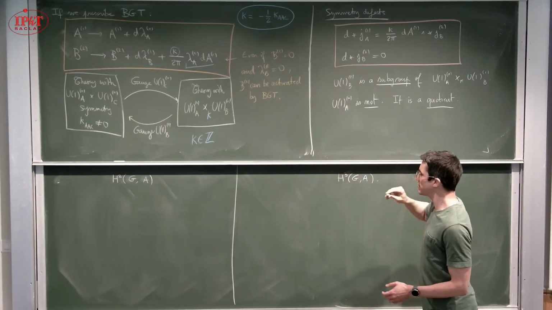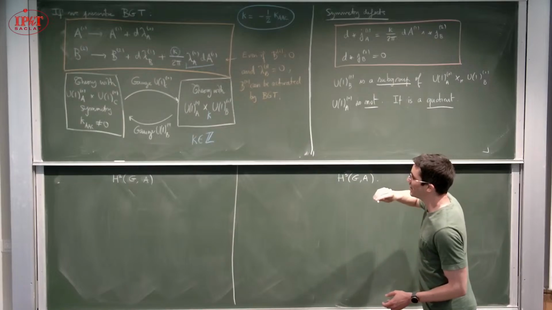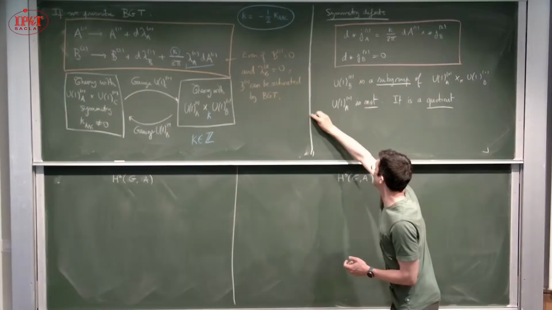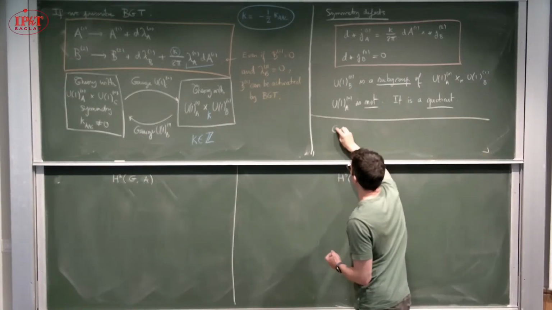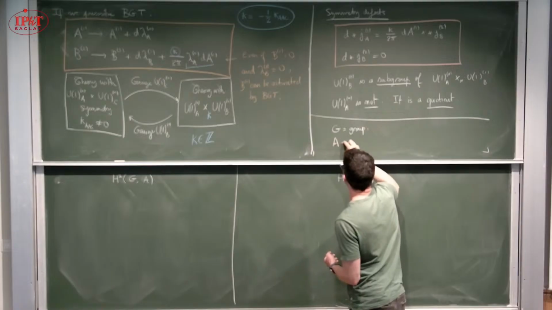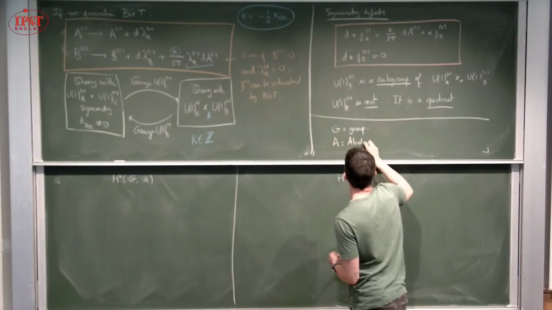So in these two things, I pick G, any group. You write it here. So G is a group, and A is an abelian group.